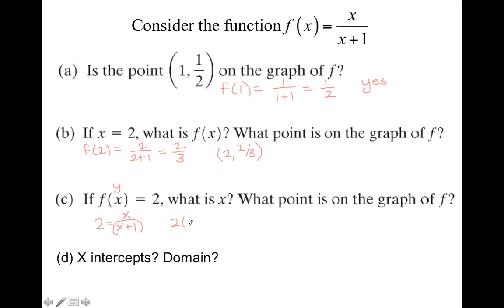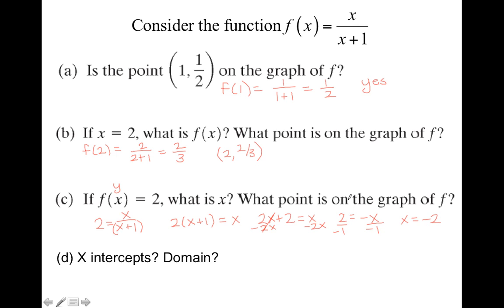So this will be left-hand side 2 times x plus 1, and right side just x. Do some algebra here, so distribute the 2, and then solve this. So I get x equals -2.